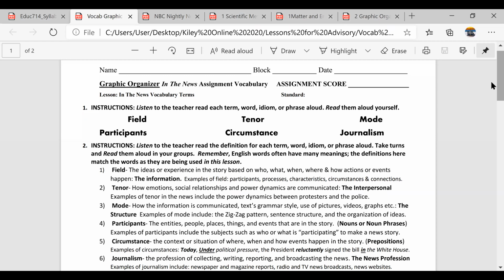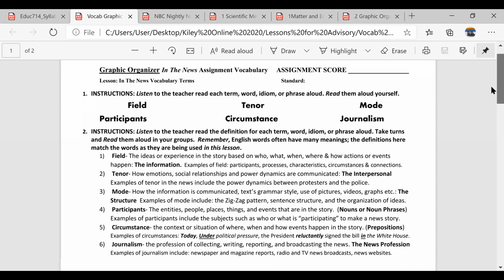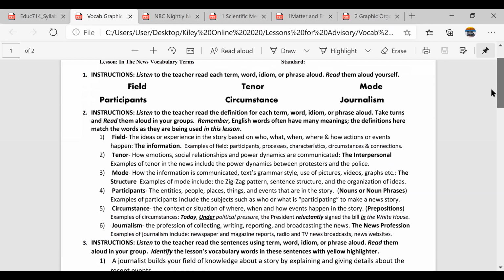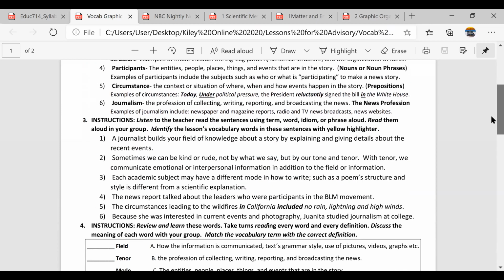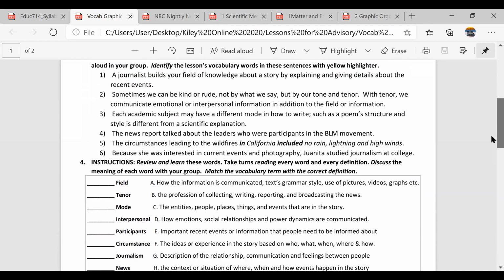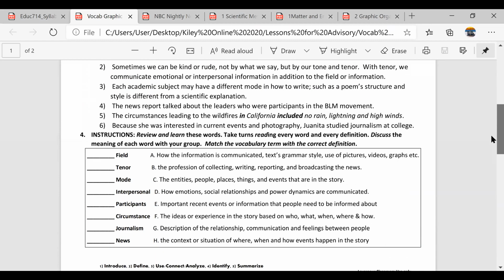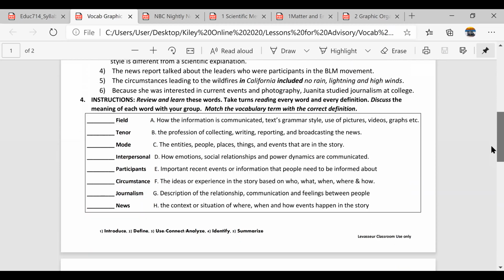So I introduced the terms, and so the 6 terms that we're studying here are field, tenor, and mode, participants, circumstance, and journalism. And then I define the 6 terms, and then we analyze a sentence with those terms in them. And then we do a matching exercise, matching the correct vocabulary term with the correct definition.